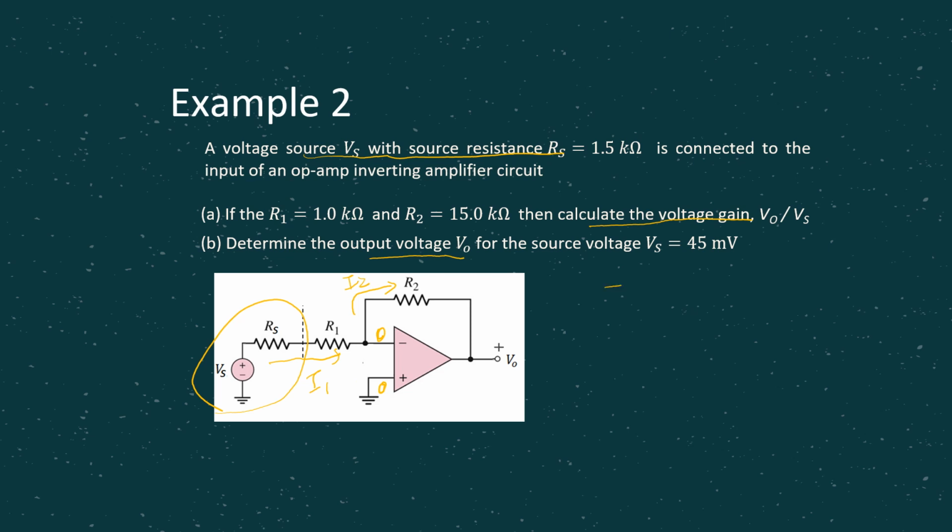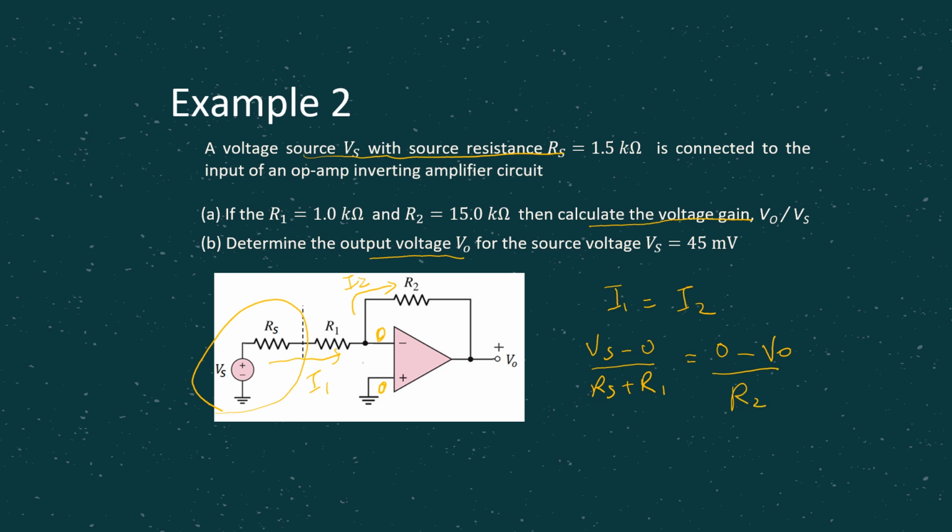So I1 equals I2, right? For I1 we know that it is Vs minus 0 divided by Rs plus R1, since we have two resistors in series. Then I2 is 0 minus V0 divided by R2.